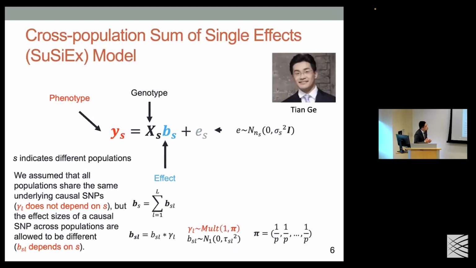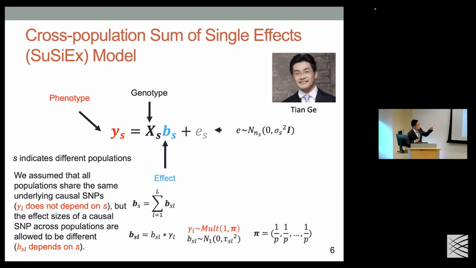So here comes our model, the SuSiEx model. In the previous SuSiE model, they cannot handle data or results from different populations. But in our model, we extended this by adding a new dimension.